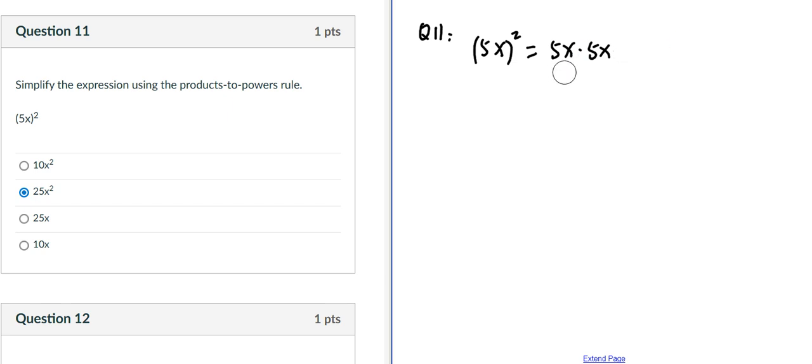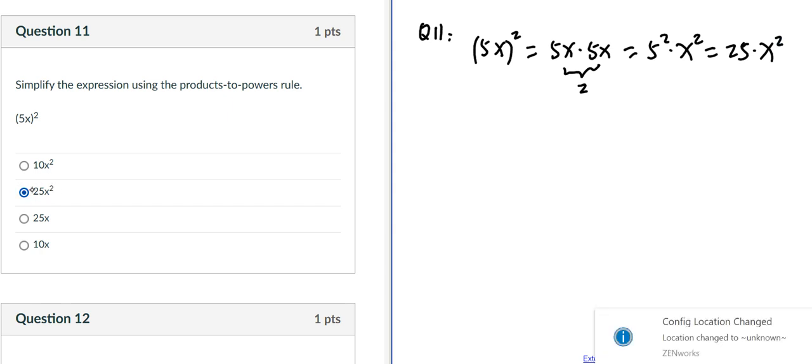So then we have it twice. 5 times 5, we know, is 5 squared, and x times x is x squared. 5 squared is 25, so we have 25x squared. So what's the answer? It's right here, the second one.